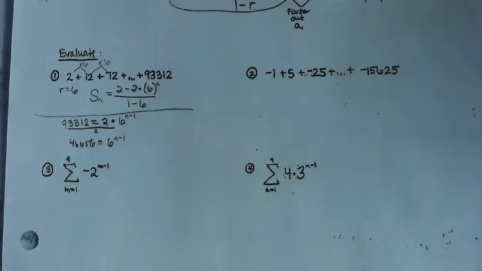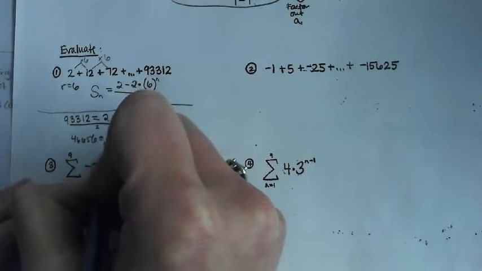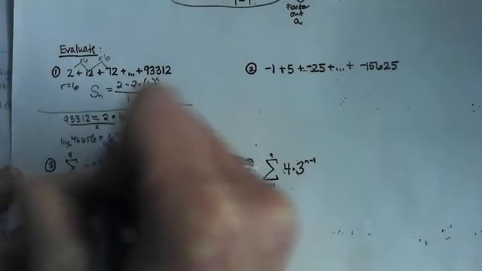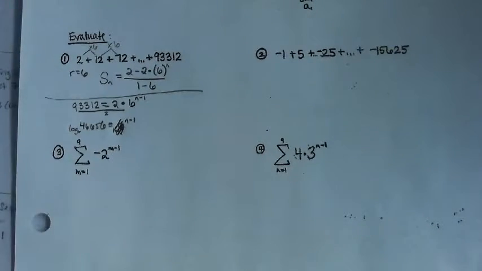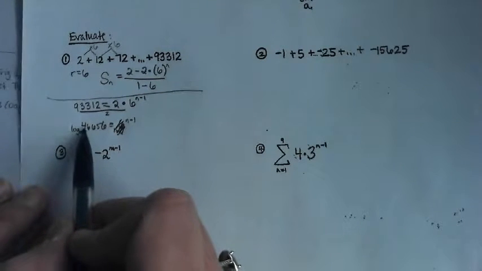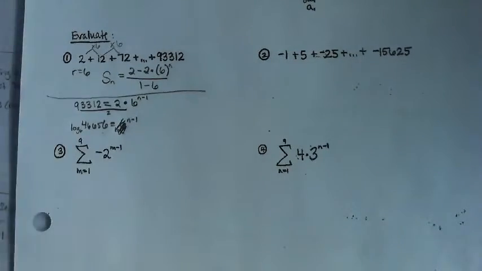Now, log base 6 is probably the easiest because you have a 6. So if I take log base 6 of both sides, that'll just cancel that out. And then I'll just have to add the 1 over. So I'll take the log base 6 of 46,656 first, and then I'll add the 1 over.